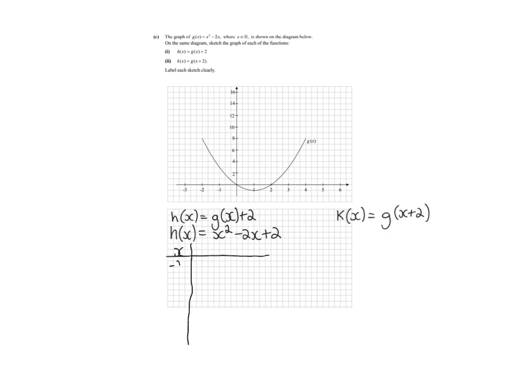So we have minus 2, minus 1, 0, 1, 2, 3, 4. The function we have is x squared minus 2x plus 2. And our y value here we can figure out. So this is going to be minus 2 squared, minus 2 times minus 2 plus 2.